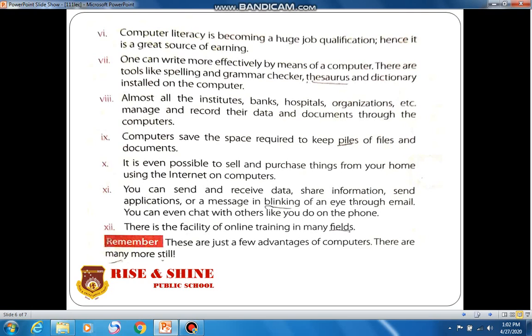These were some of the advantages of using computer. There are many others which are left. We will cover them in the coming lectures. This was an overview of the advantages of the computer.